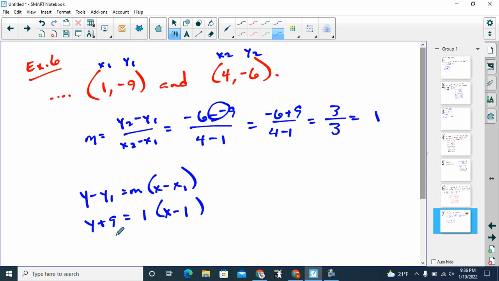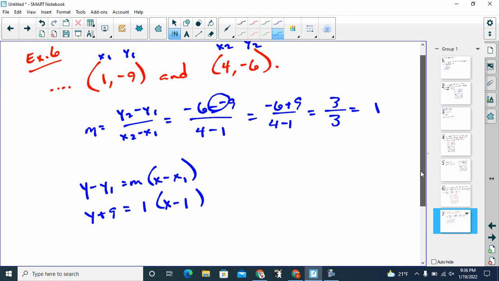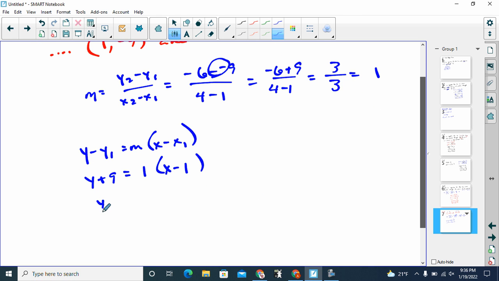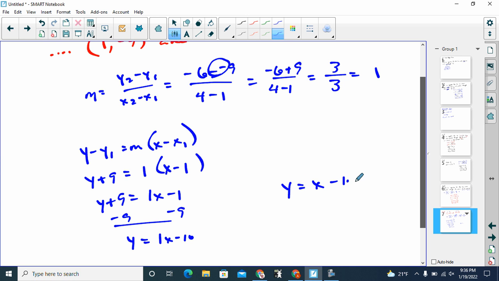Minus -9 changes to plus. Distribute your 1. 1 times -1, and then subtract 9. Y equals 1x minus 10. 1x you could also write as x minus 10. Either one's correct.